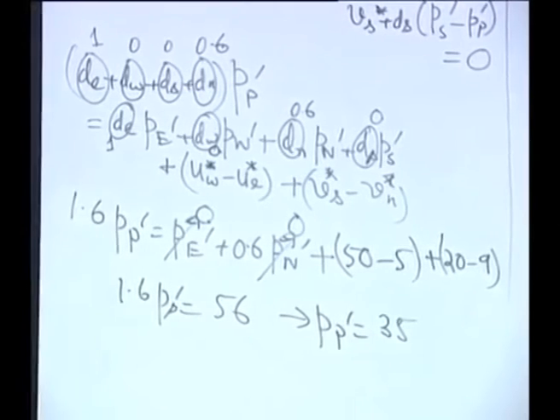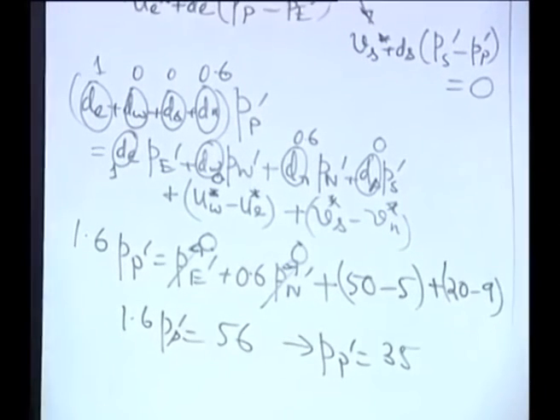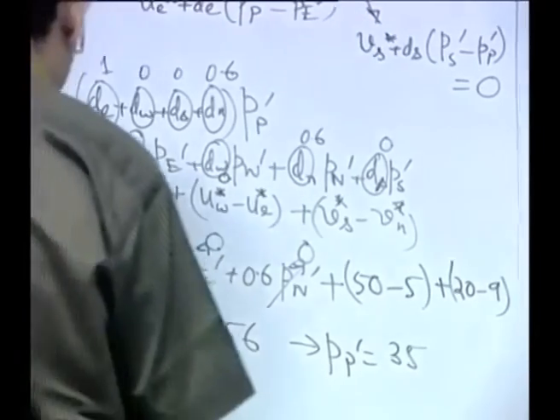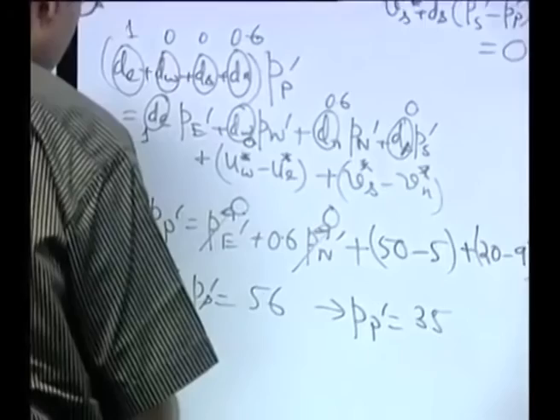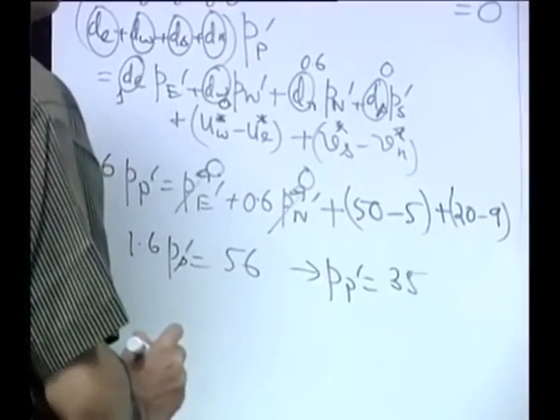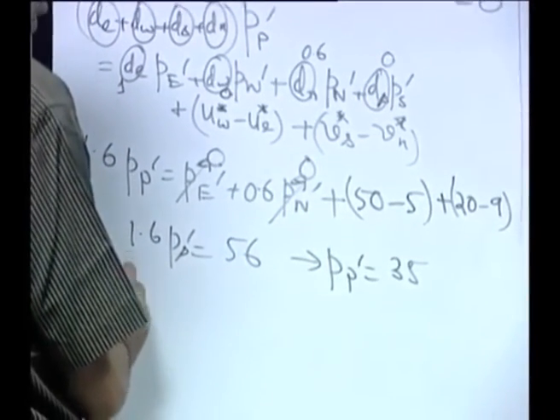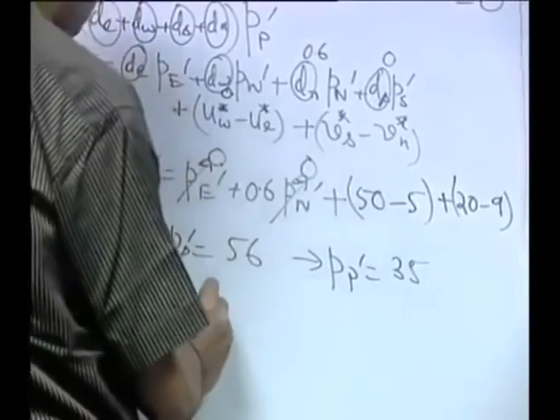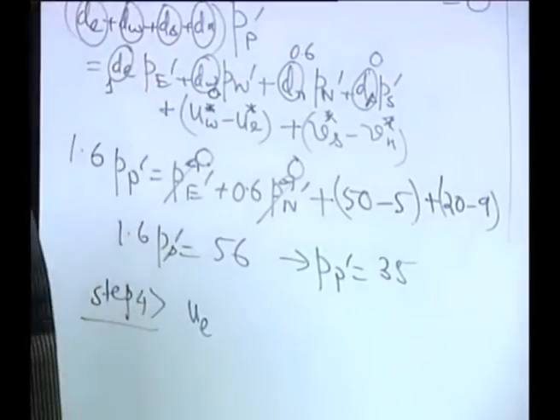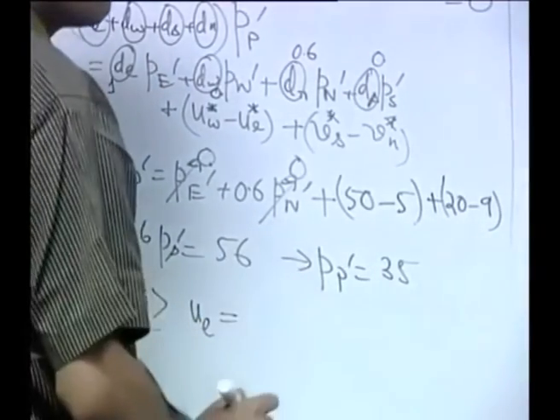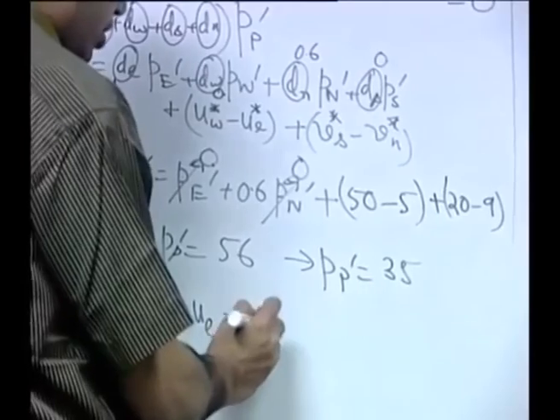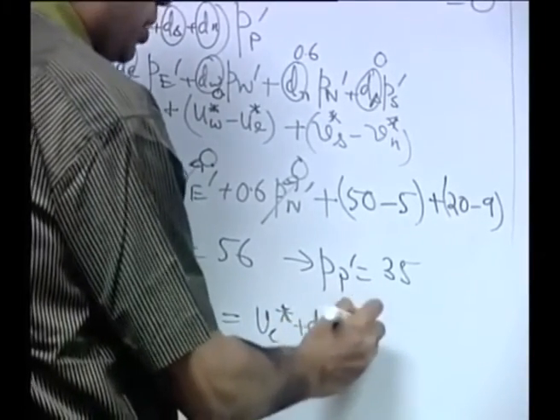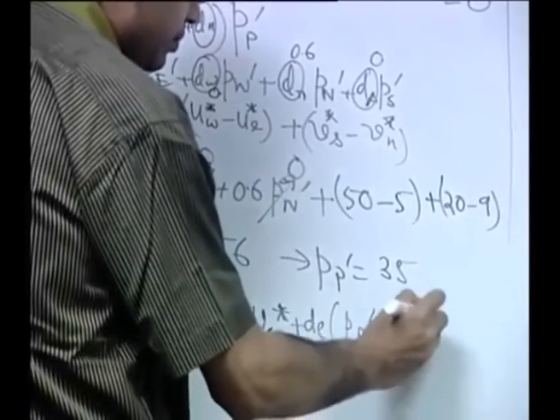So, once you have calculated Pp prime, what will be the next step? Step 4, Ue is equal to Ue star plus dE into Pp prime minus Pe prime.